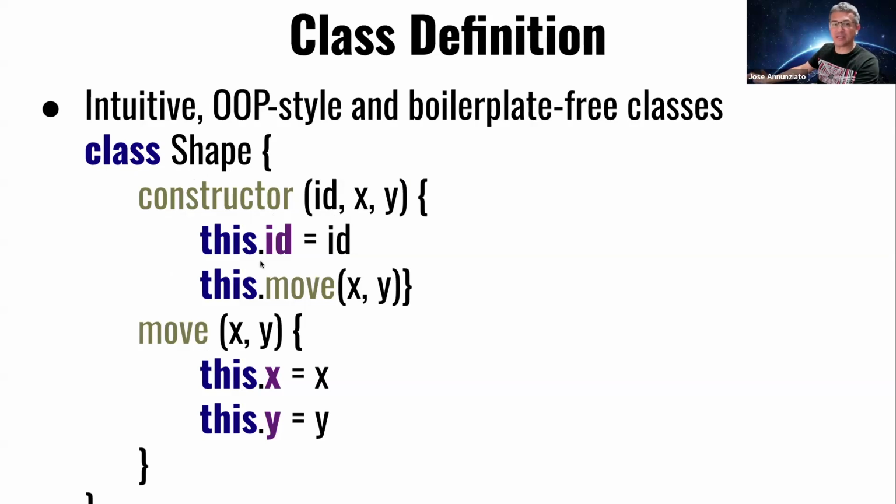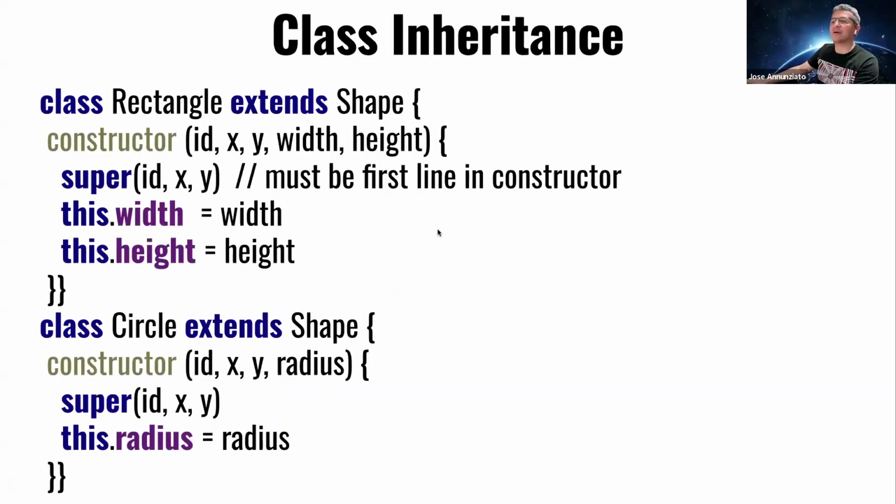The way you declare properties is by using the this keyword, where you can declare properties like ID. You can call local functions to initialize values. So, for instance, you can initialize other properties such as the X and the Y if you provide them in the constructor.